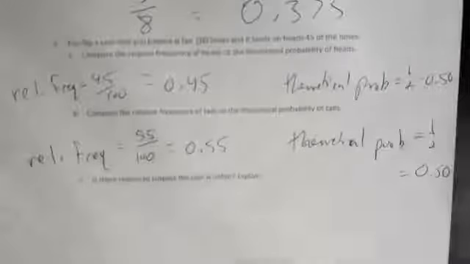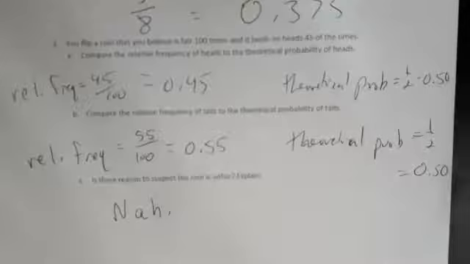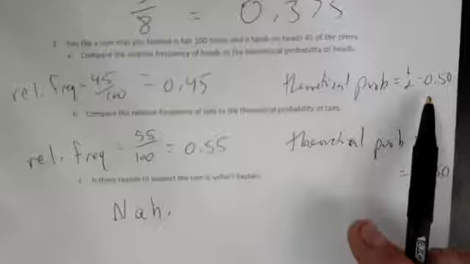No. Why? Like explain. Because each flip is independent of the previous one. It's all chance. Yeah, I think they're wanting to explain maybe why this is 0.45 versus 0.50.